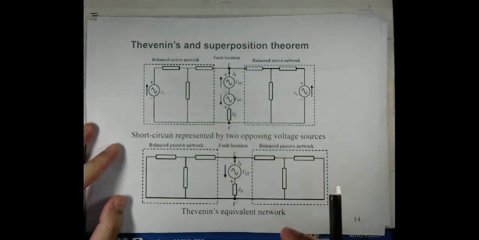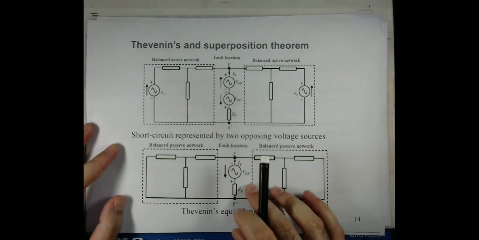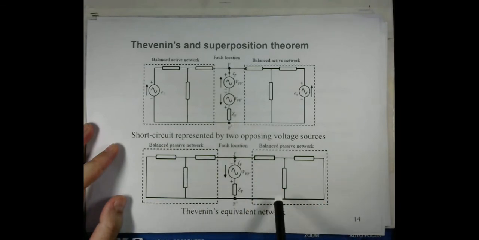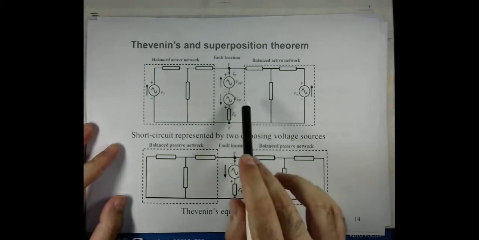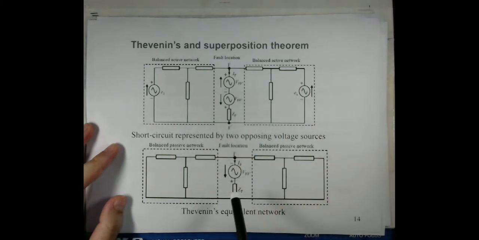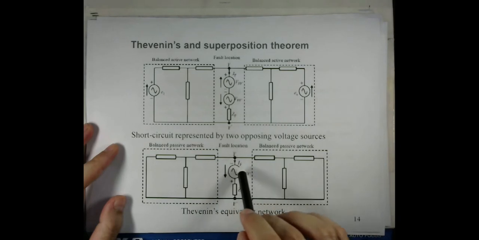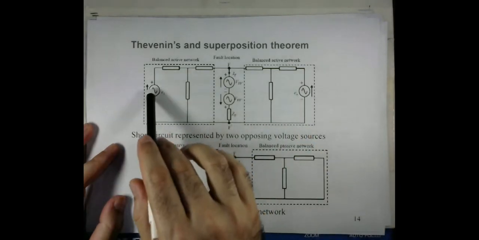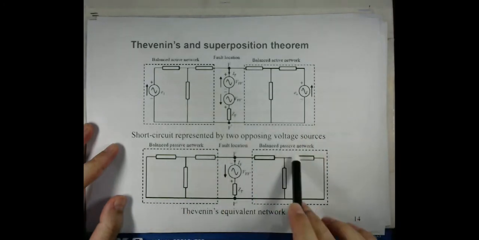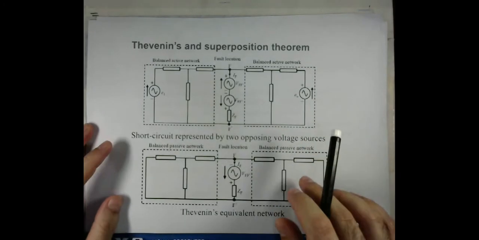And then according to the Thevenin equivalent circuit, which is basically obtained by shorting all the other sources and assuming only the Thevenin voltage, this is the Thevenin equivalent network.